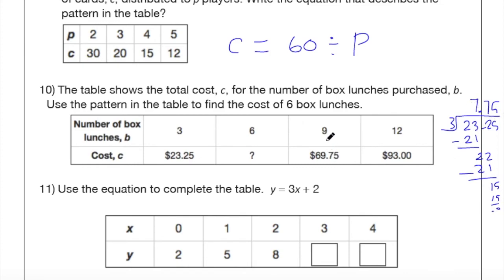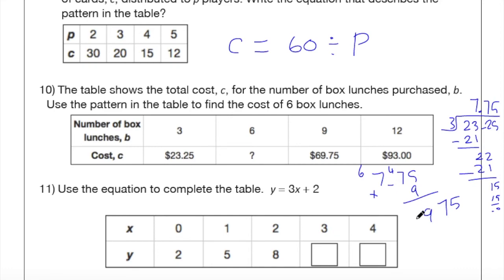Let us multiply it by 9 and see if it gives us 69.75. So 7.75 times 9. 9 times 5 equals 45, write 5 and carry 4. 9 times 7 equals 63, plus 4 is 67. Write 7 and carry 6. 9 times 7 is 63, plus 6 is 69.